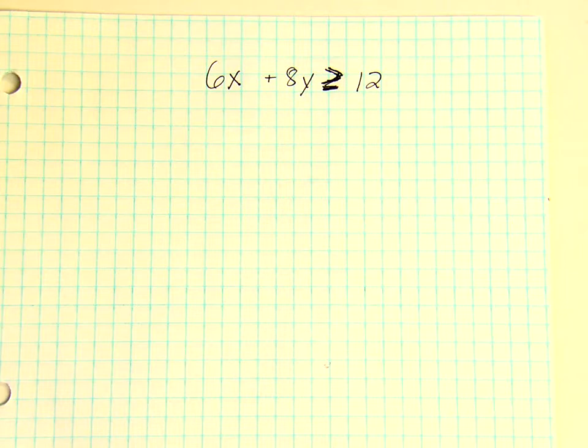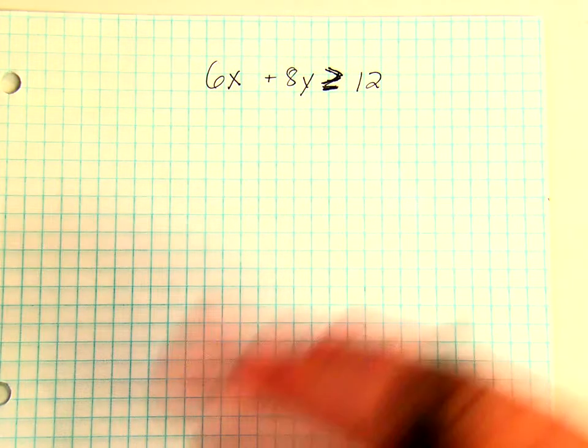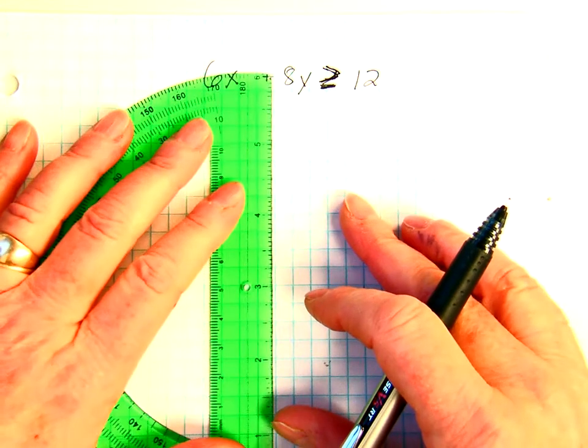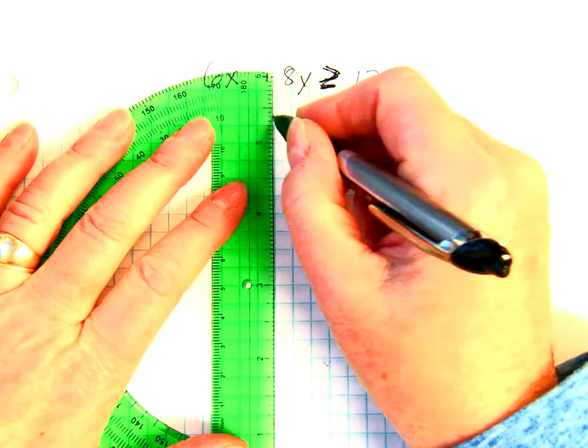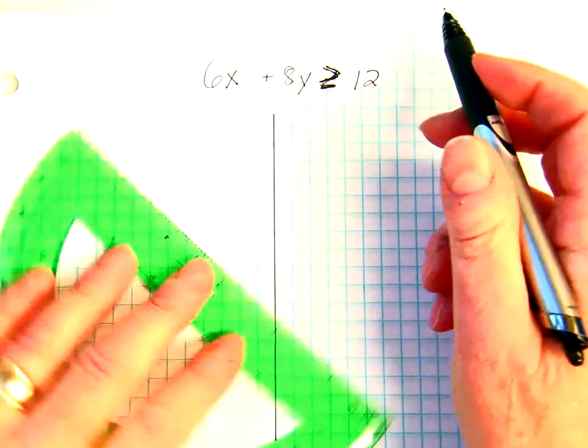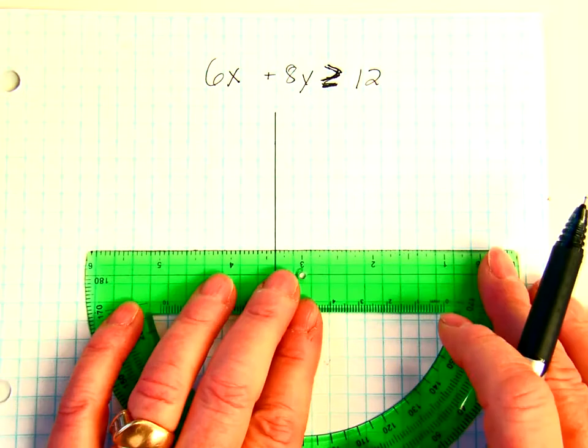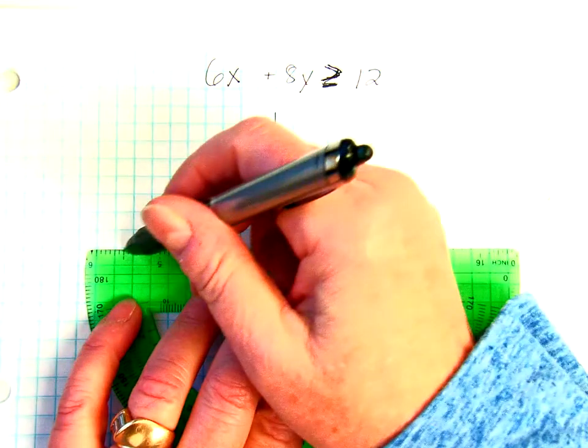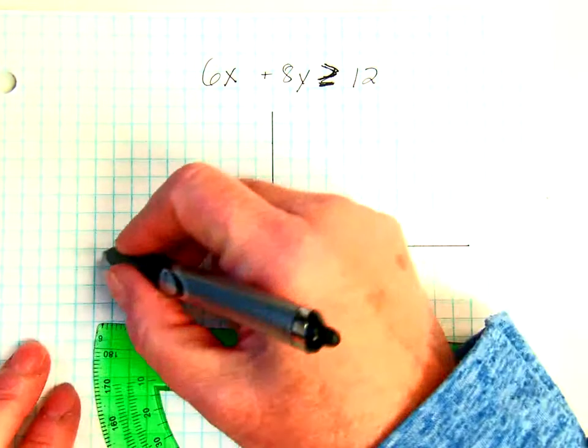Okay, so anyway, I am going to build my coordinate plane. Because I am working with greater than or equal to, my line can be solid. So I don't have to worry about dashing my line.